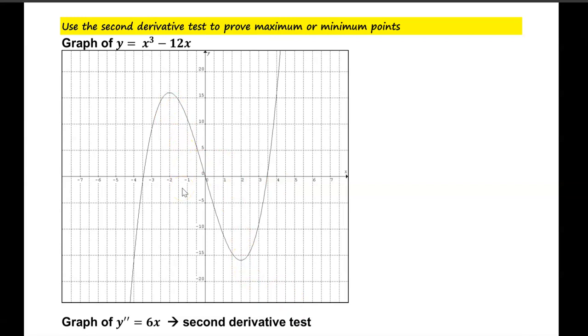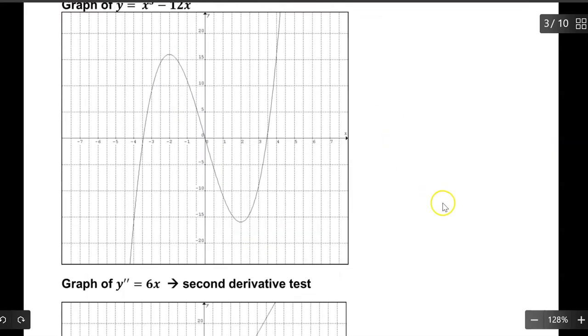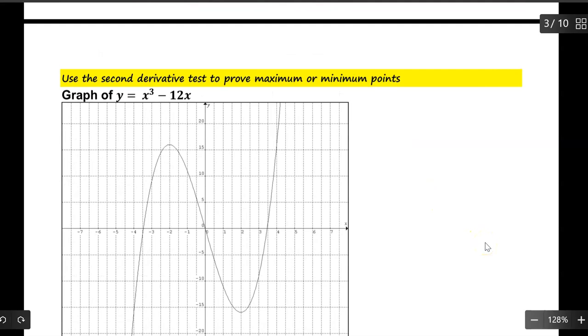Happy face, then it is a minimum. So if it's positive, it's a minimum right here. If it's negative, it's a maximum. Okay, good. So I just want to draw the face so I remind myself how it works.